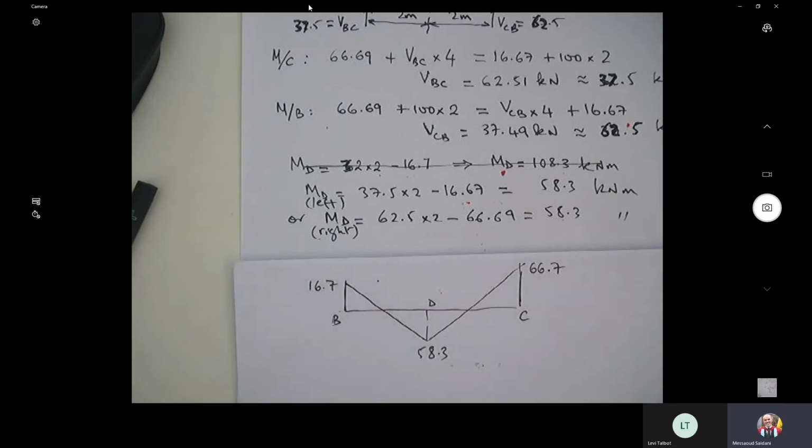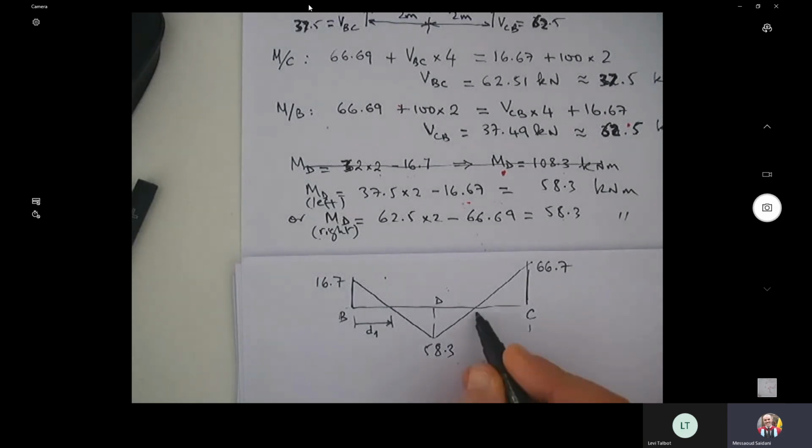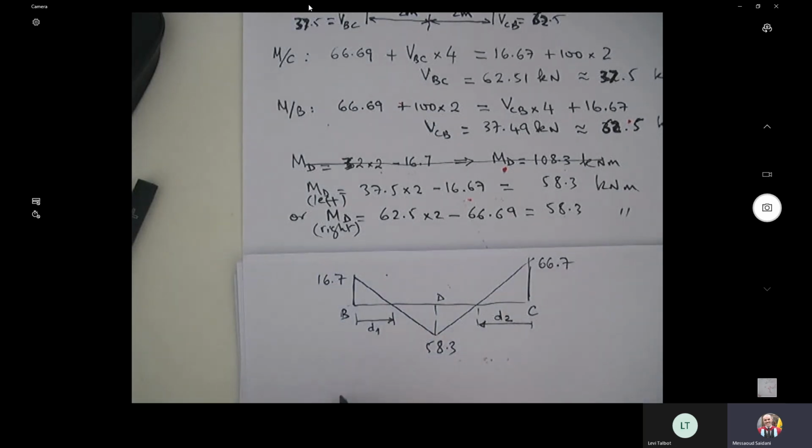So this is point D. Let's call this distance here D1. And let's call this distance D2. So the first one is this here.